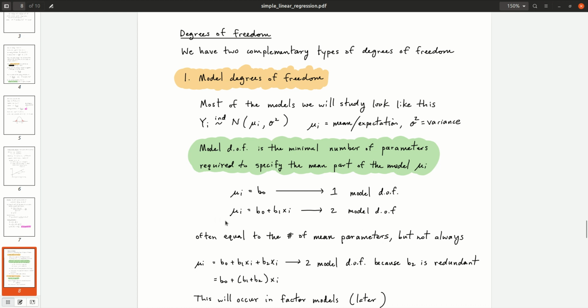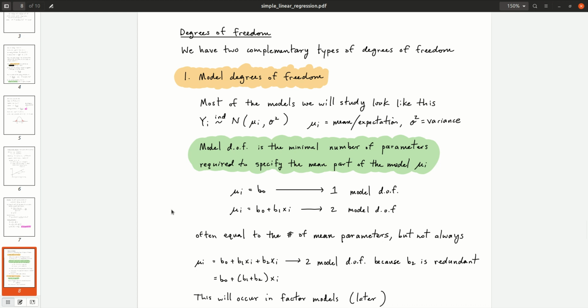The second model we looked at, the simple linear model, mu i is B0 plus B1 xi. This has an intercept and a slope, which could be two different numbers. So this model has two model degrees of freedom because you have to specify the intercept and the slope to tell what the expected value is.